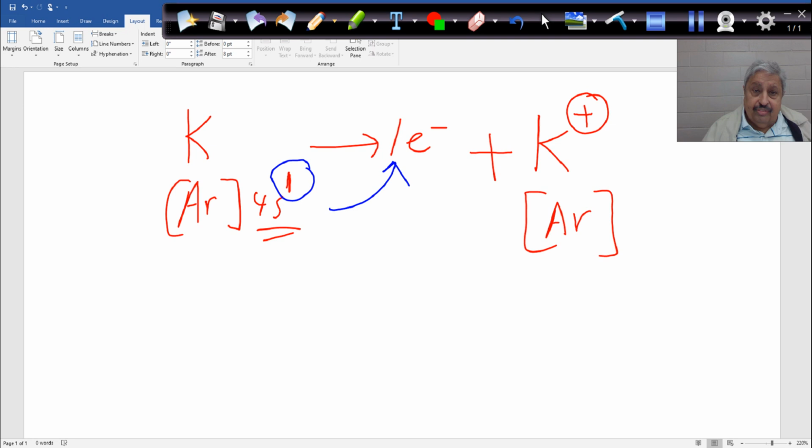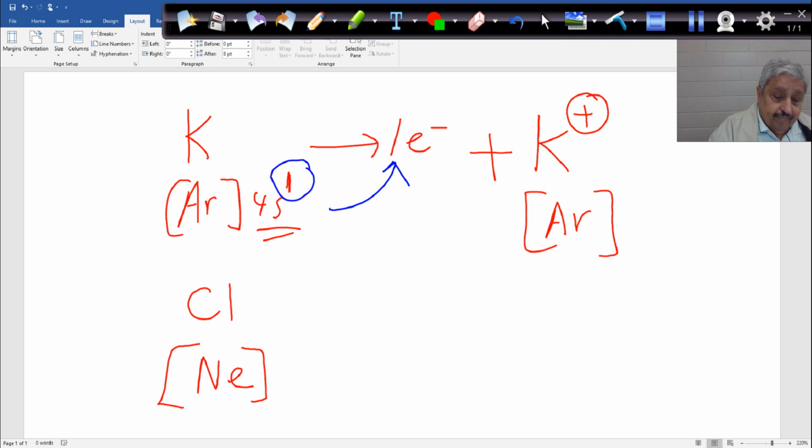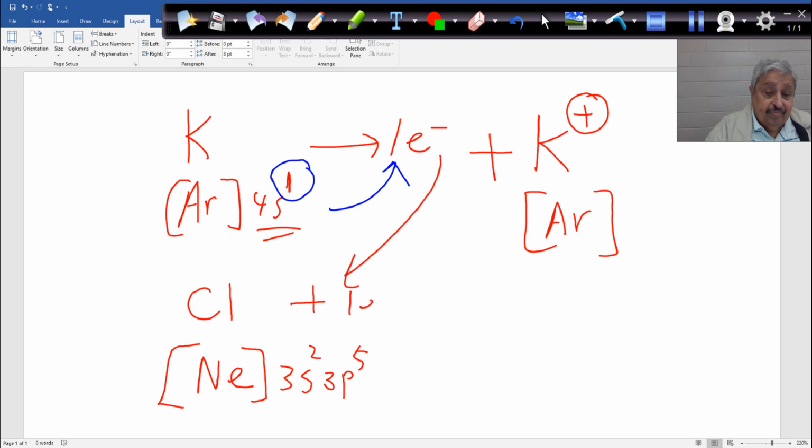Now if you look at the chlorine here, the chlorine came out to be neon, correct? And we said we have 3s2, 3p5. And this one here will take this electron in, and it will be 18, correct?